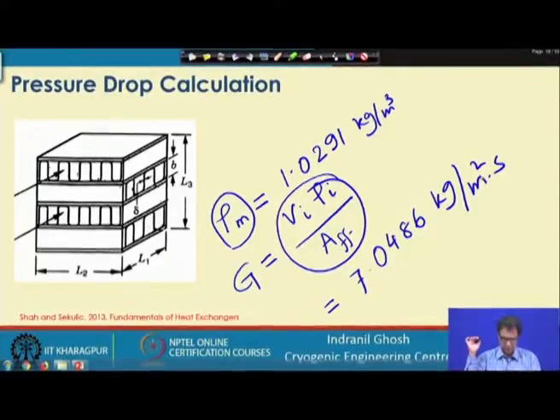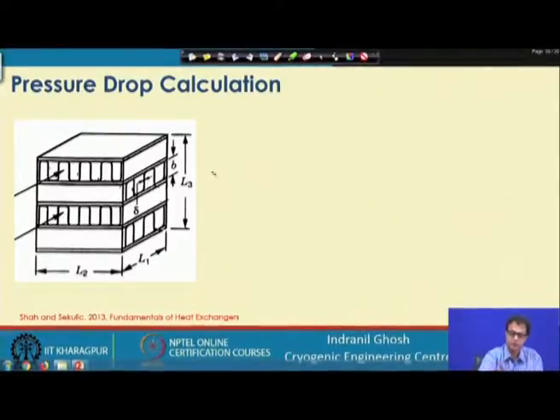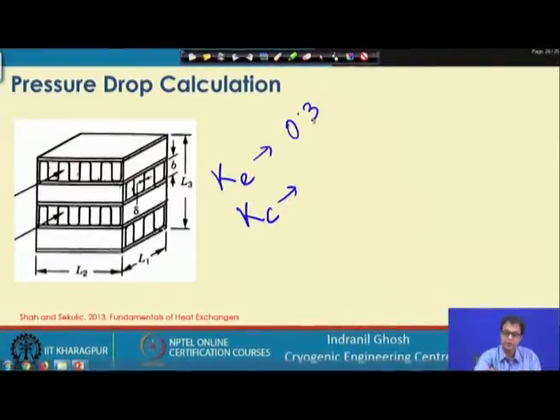So, that is the unit, and for the Reynolds number given, we can estimate Ke and Kc. The figures that we have given are shown there. From there you would be able to find out that Ke is coming as 0.33 and this Kc is given as 0.31.